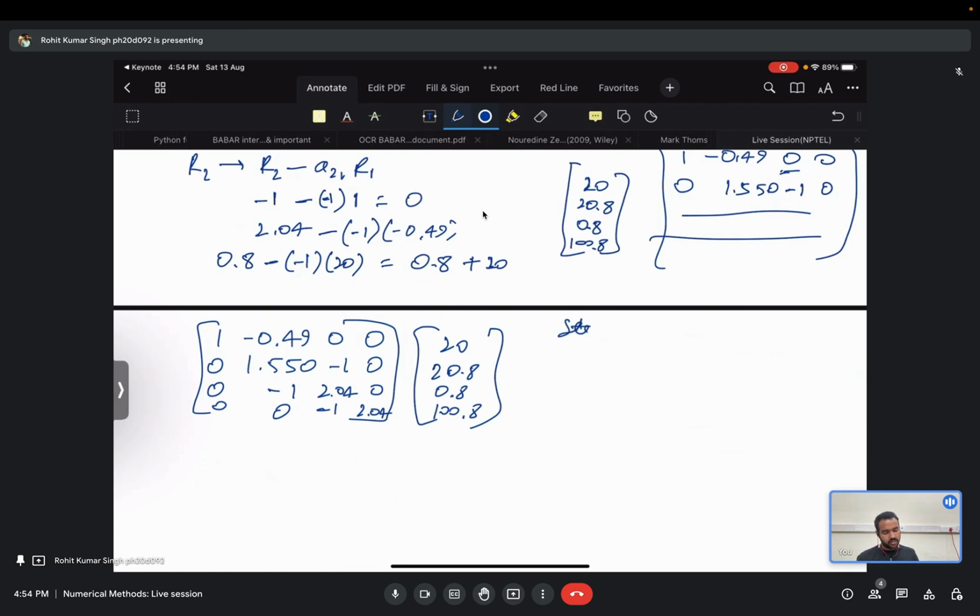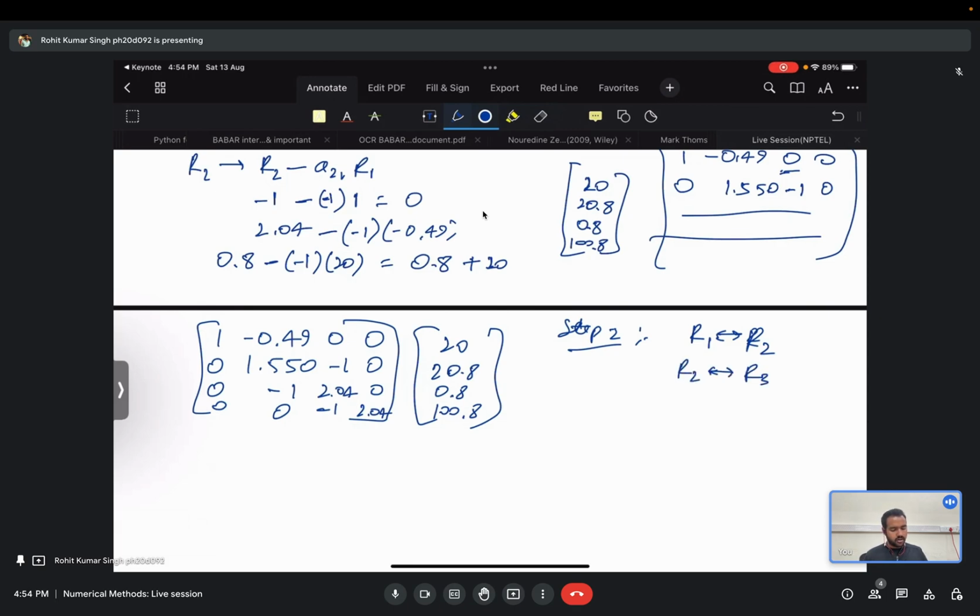Now for the step 2 and 3, for the step 2 you need to repeat the first and second step, but you just change row 1 to row 2 and row 2 to row 3.